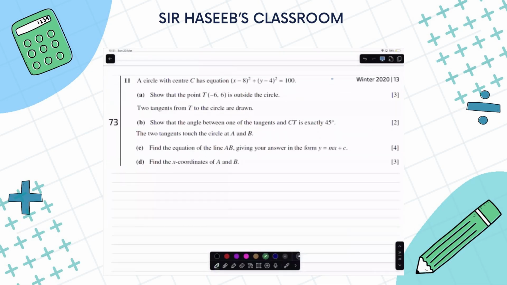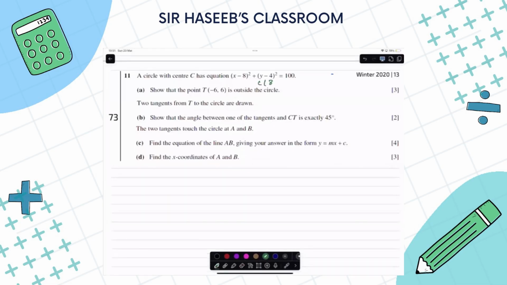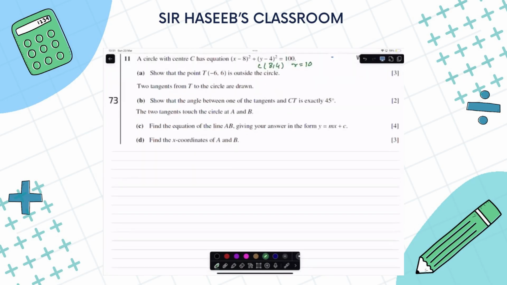Let's see this one. So this circle with center C has this equation. Show that T, which is (-6, 6), is outside the circle. How would you show that? Center is (8, 4), radius is 10, right? Let's make a hypothetical circle here.